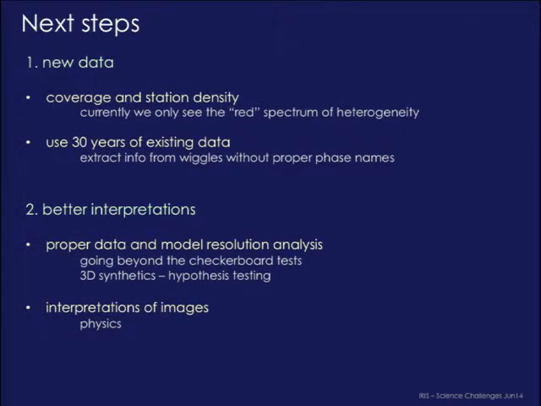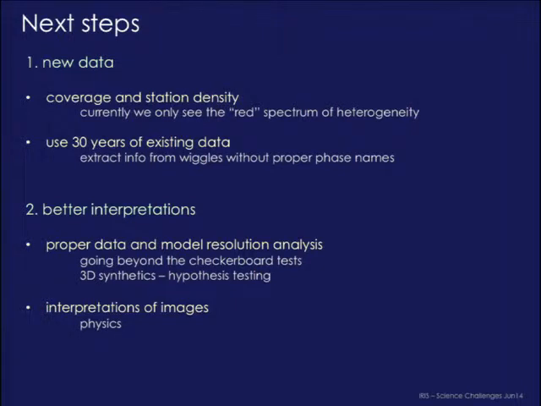To go beyond these structures and interpret them, I listed here the things that we need, the next steps. I put there new data, and that's not simply recording the same old data as we've done for the last 30 years, but really finding mechanisms of seeing the much smaller scale heterogeneity in the mantle.